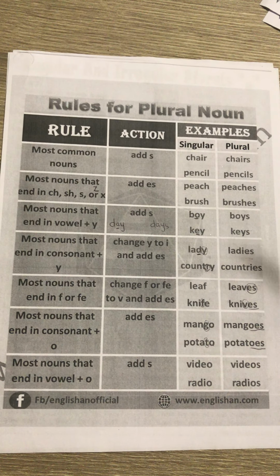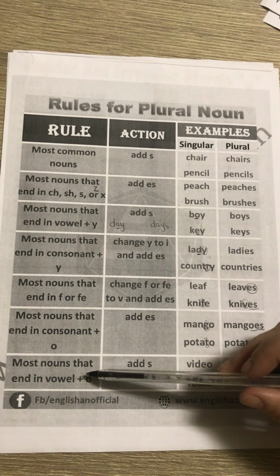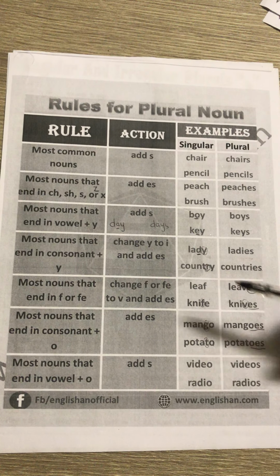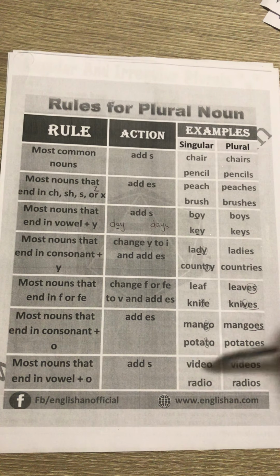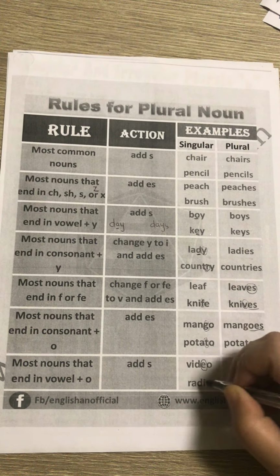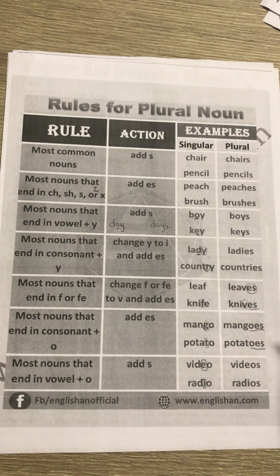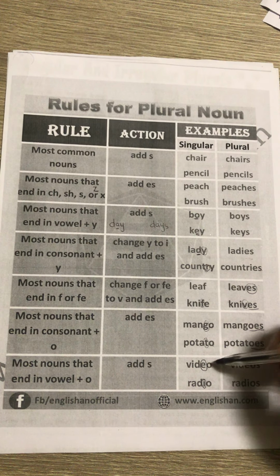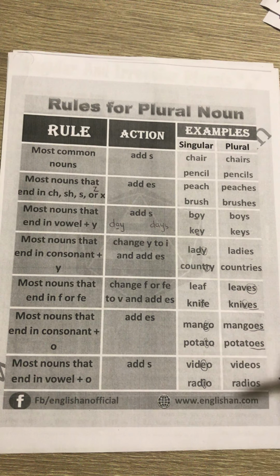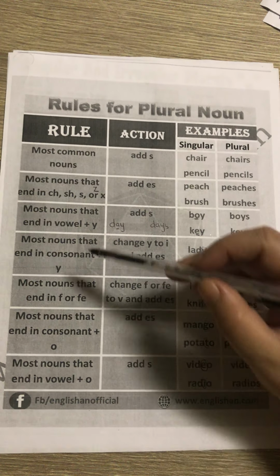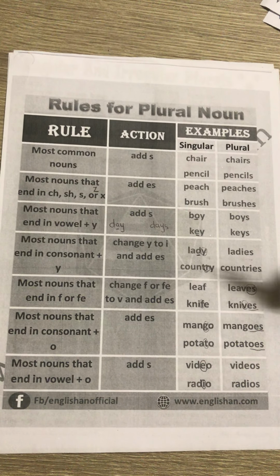Most nouns that end in a vowel plus o. So things like video, radio. This is a vowel, a, e, i, o, u, and then the o. A vowel and then the o. You add s.